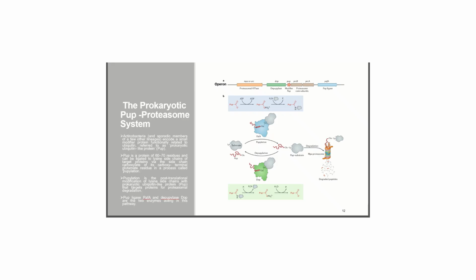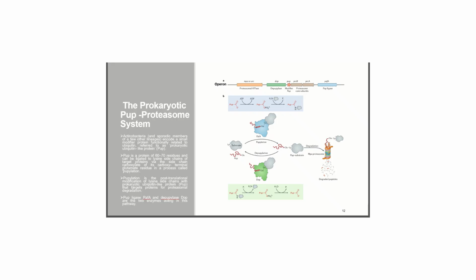So PUP is a protein of about 60 to 70 amino acid residues, and it attaches itself to the side chain of lysine amino acid, targeting proteins via the side chain of its carboxyl terminal.